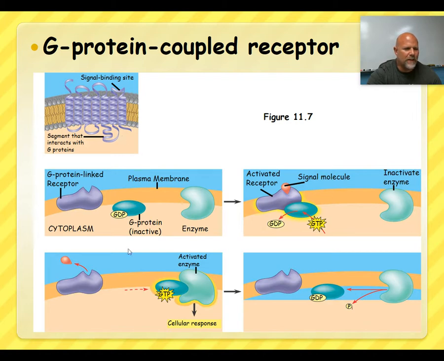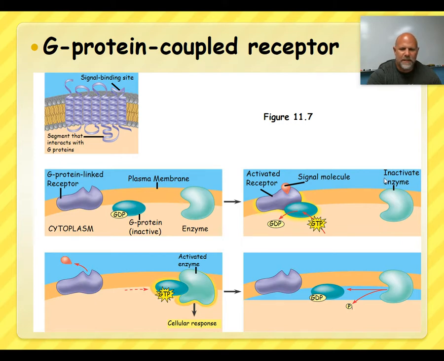So when a molecule comes and binds to that site, the GDP that's on the G protein gets replaced by GTP. That activates the G protein. That causes it to release from the receptor protein and go over and bind to another enzyme nearby in the cell membrane.